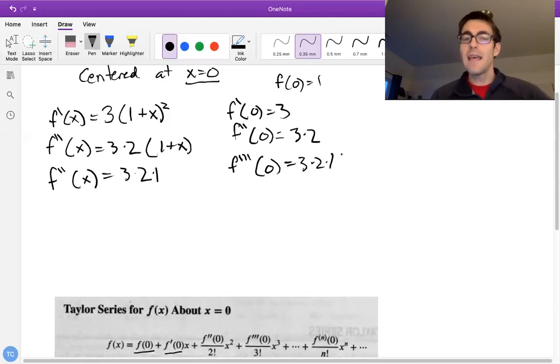Okay, so we can take these pieces and calculate the Taylor series with them.